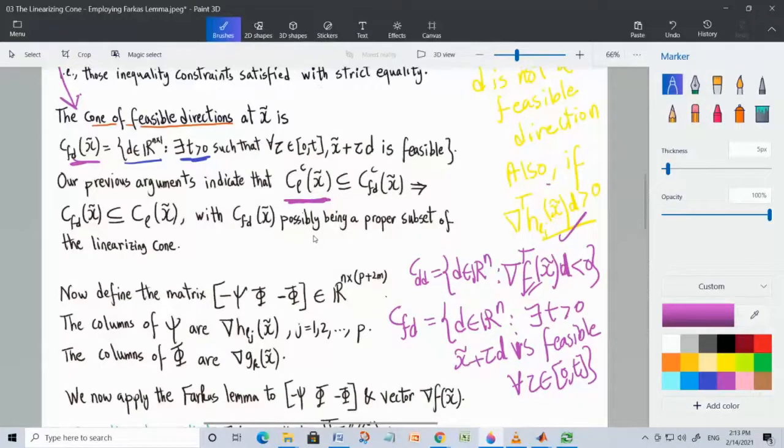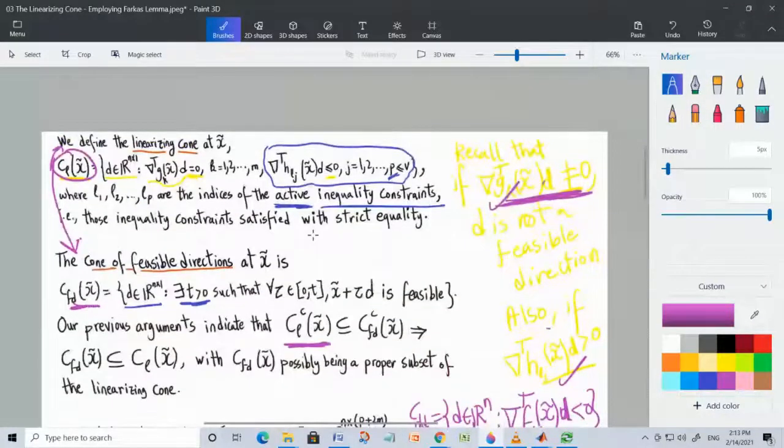And then there is the linearizing cone, which is defined in terms of the gradient vectors. If you follow the arguments on the previous page, what we can say objectively about the linearizing cone is that if we have a direction in the complement of the linearizing cone, which means the inner product is not equal to 0 or greater than 0, then we are guaranteed to go outside the feasible set.